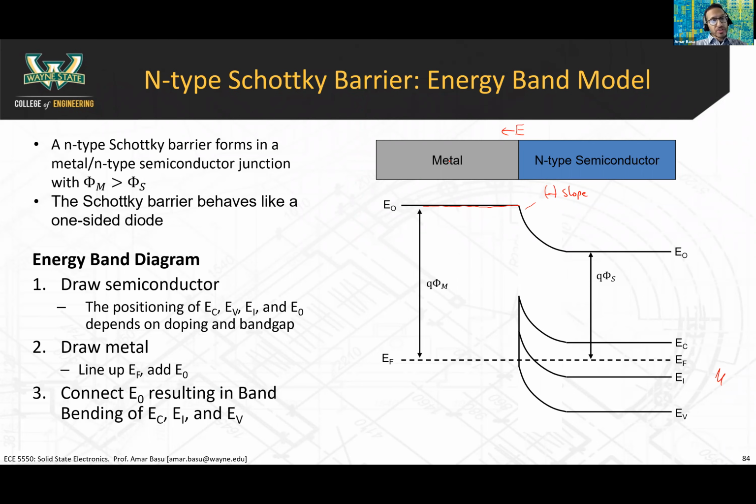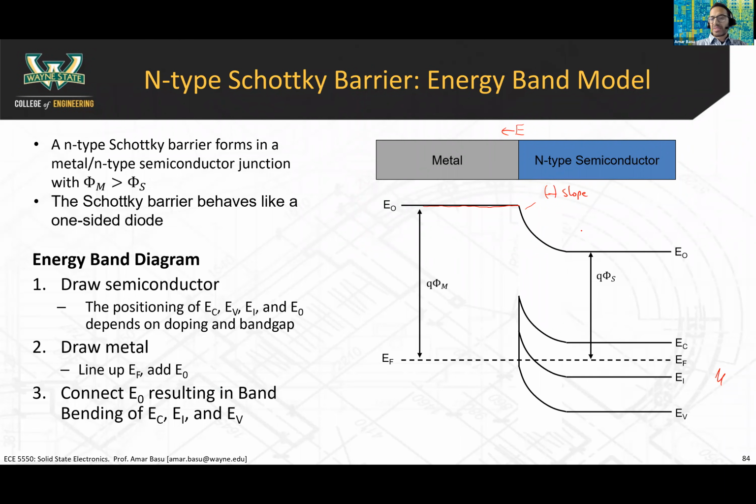There can be charge on the surface of a metal, but there can't be any electric field inside the metal. The charges spread to the surface such that there's no electric field inside. So in a metal, the band stays flat like this. As soon as you get into the semiconductor, you can have an electric field in there.